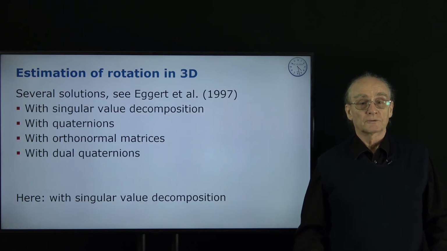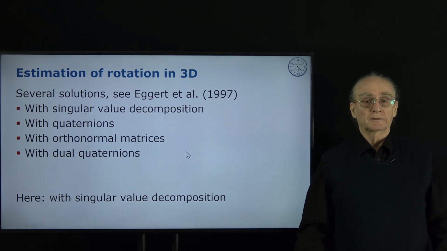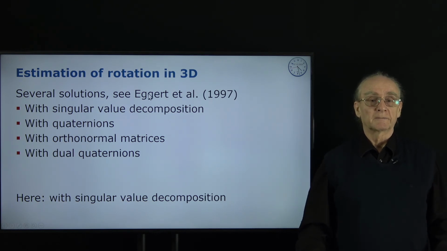Now we go to 3D. In 3D, things are more complicated. There have been published at least 4 different solutions. You find a summarizing comparison by Eggert. There are 4 solutions.